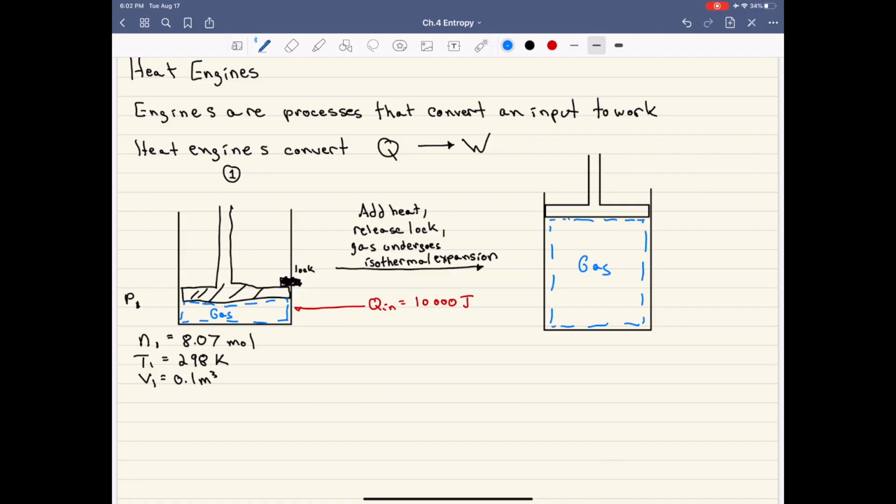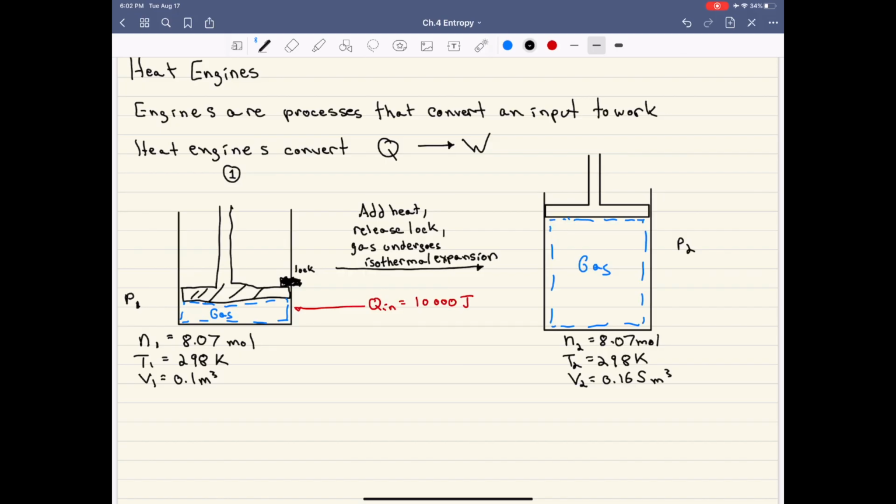Where the system is now at some pressure 2. The amount of moles in the system is still the same. It's an isothermal expansion, so the temperature didn't change, but the volume is now 0.165 meters cubed.